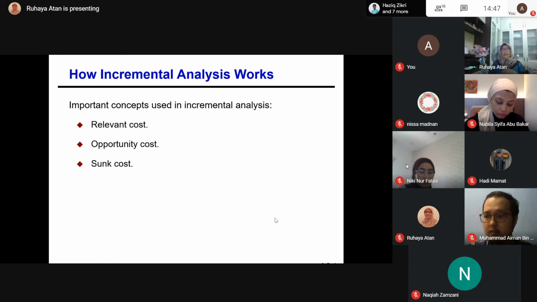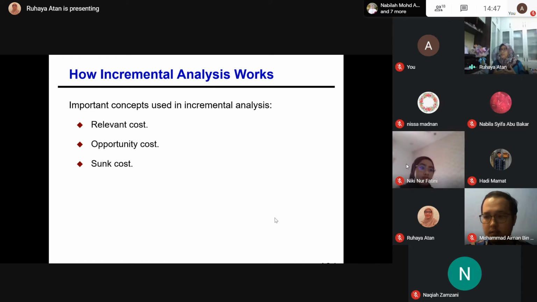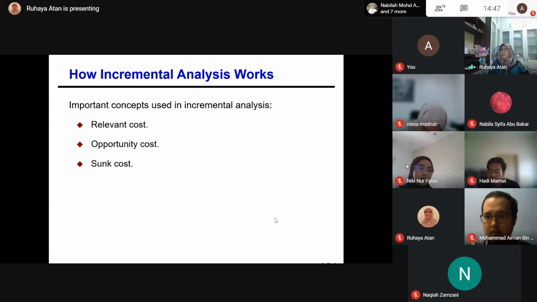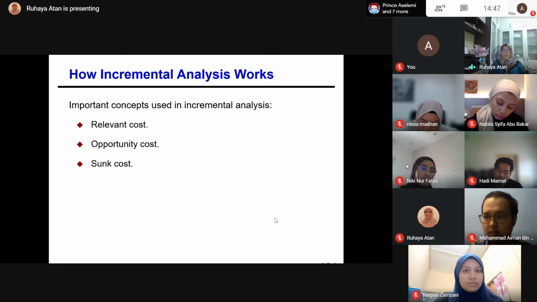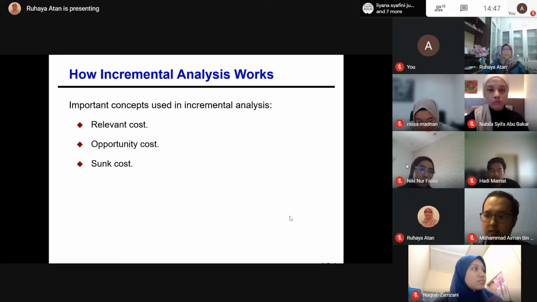You have to decide which of these costs will be affected when you do the incremental analysis. Some you should include, some you don't need to include in the analysis. So you have to understand these three cost concepts.